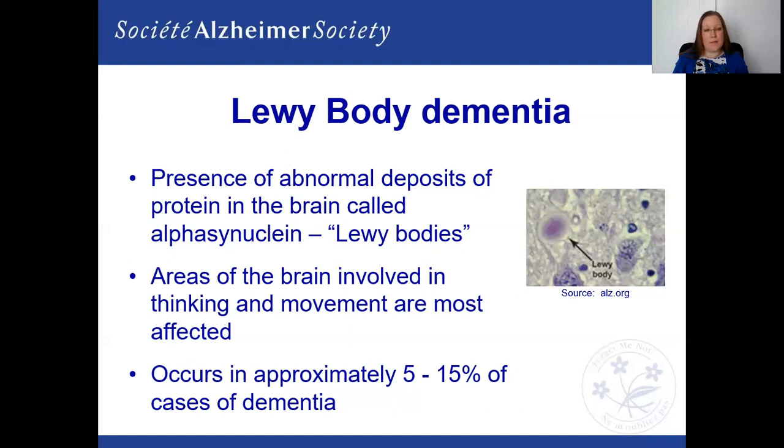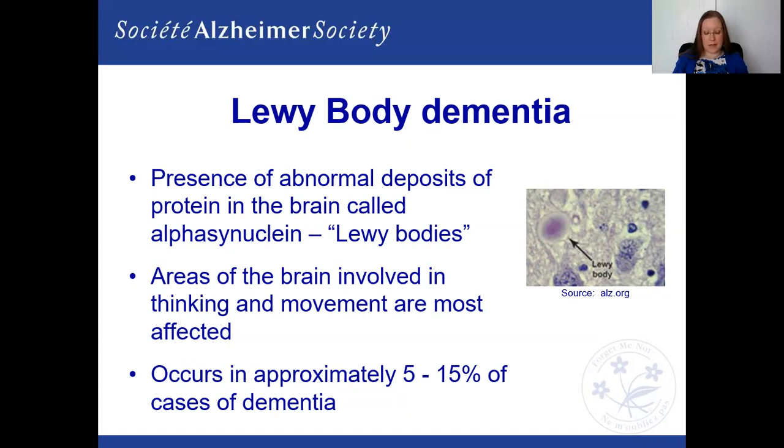And it's a form of dementia that is characterized by abnormal deposits of a protein in the brain that's called alpha-synuclein, and it forms within the brain's nerve cells. The deposits themselves, those clumping together of the proteins, are called Lewy bodies after the scientist who first described them in the brain.